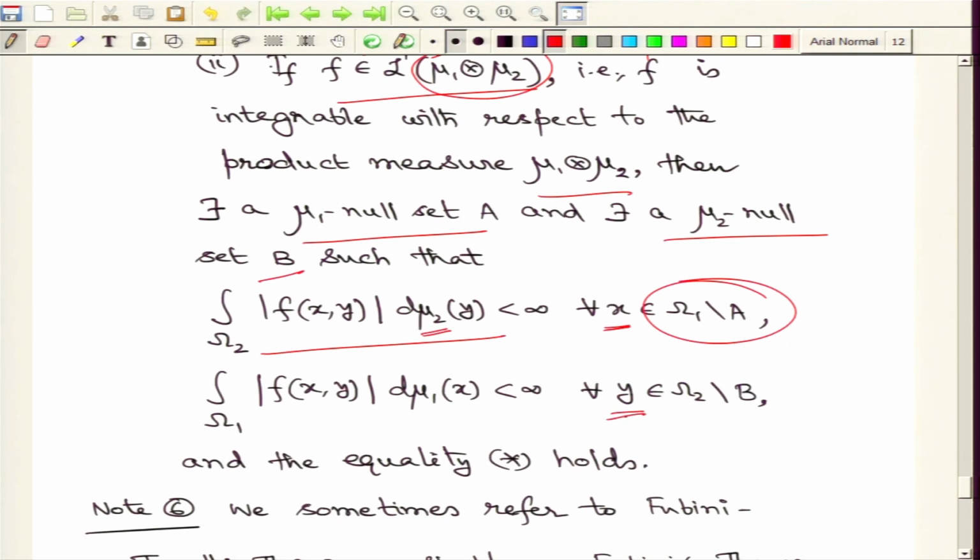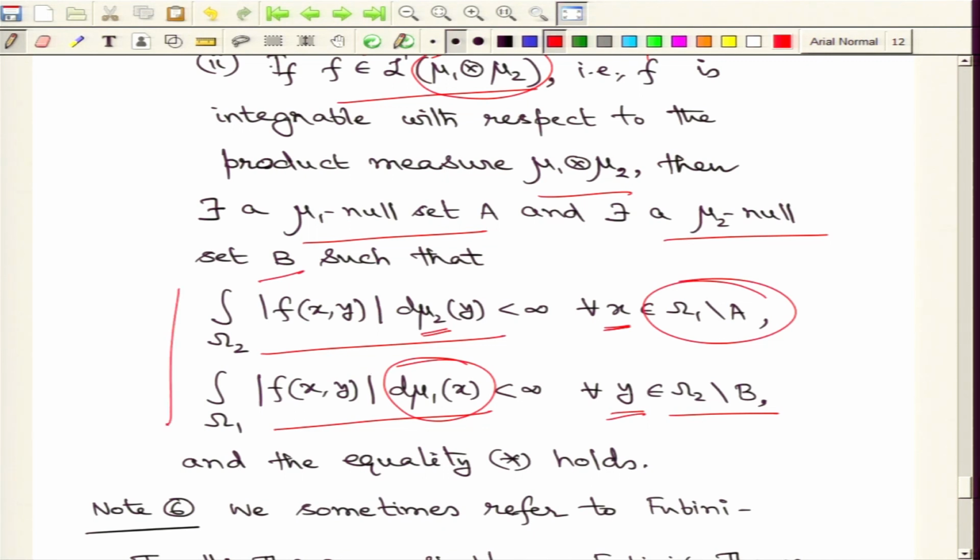Similarly, if you choose points in the complement of the mu2 null set B, then again you will have the finiteness of the integral of mod of f when you integrate with respect to the first measure.